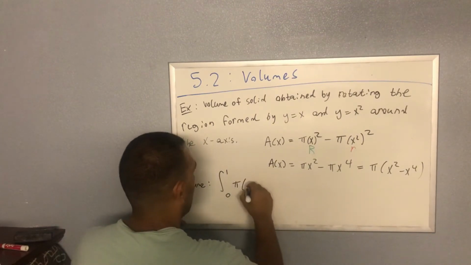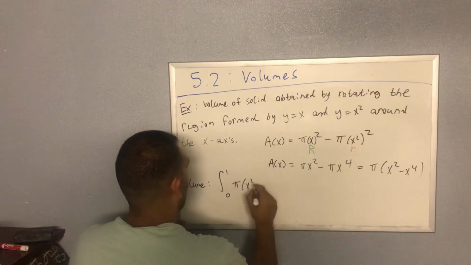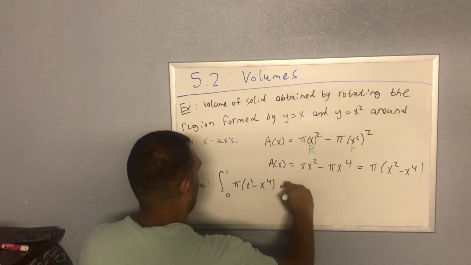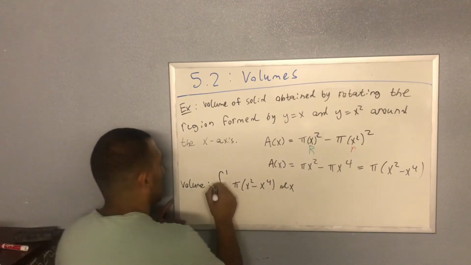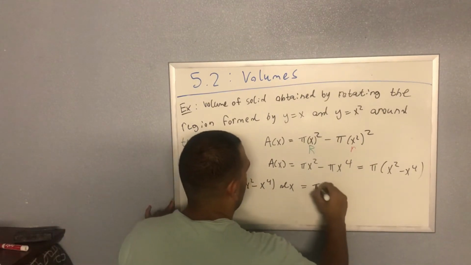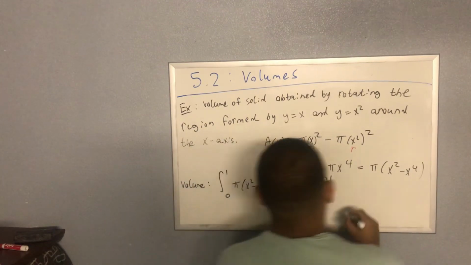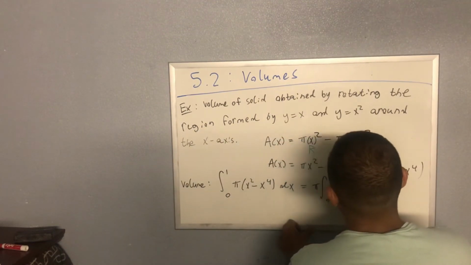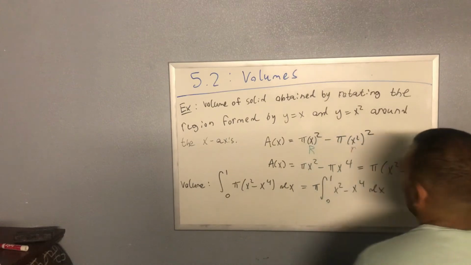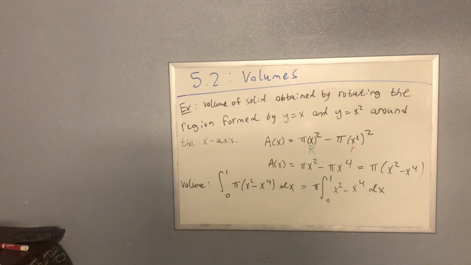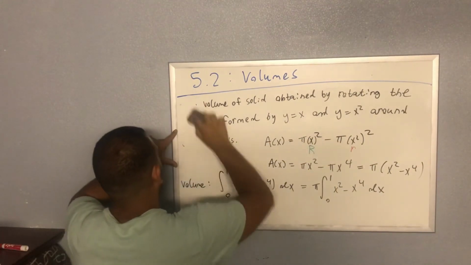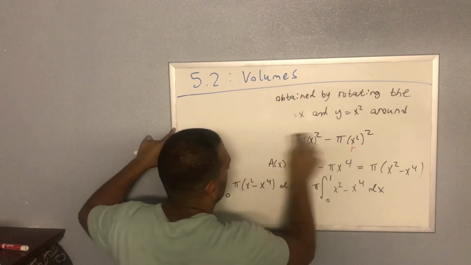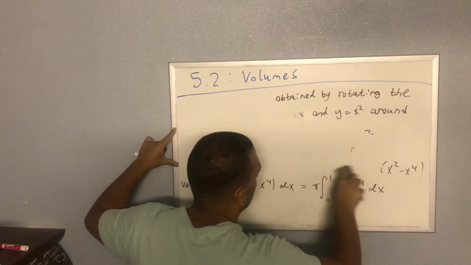And again, this pi you could just pull out in front, so this is the same as pi times the integral of x squared minus x to the fourth. So the volume is given by that. And now let's just do the quick calculation to see what the volume will be, or at least the calculus portion of it.